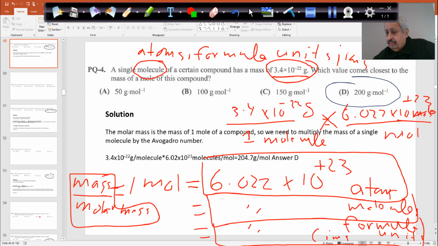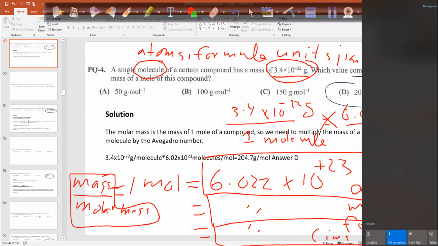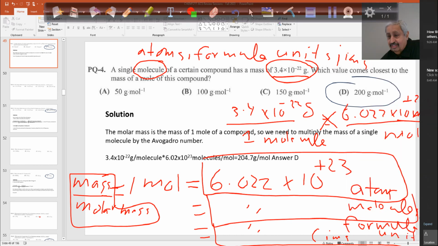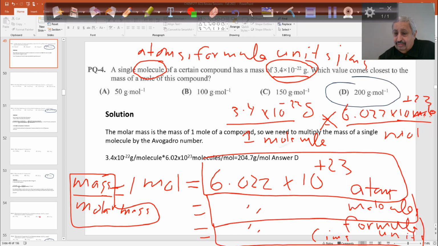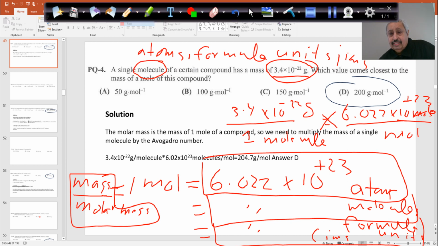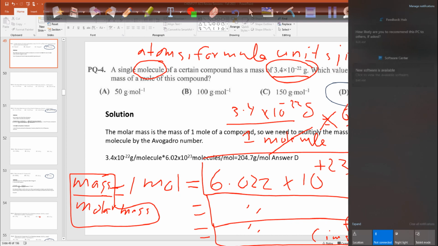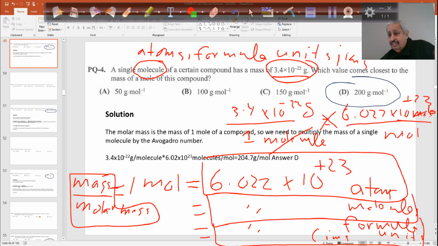It's not molecules here. This is molecules here. And the molecules will cancel out with the molecules here. Molecules will cancel out molecules.